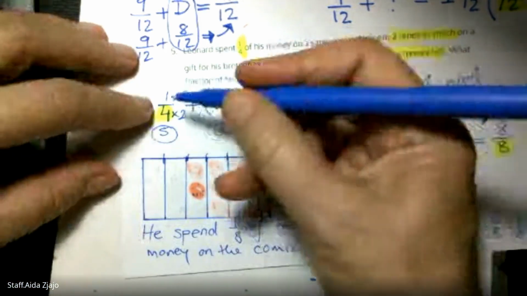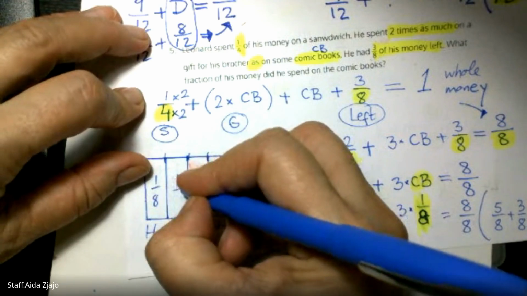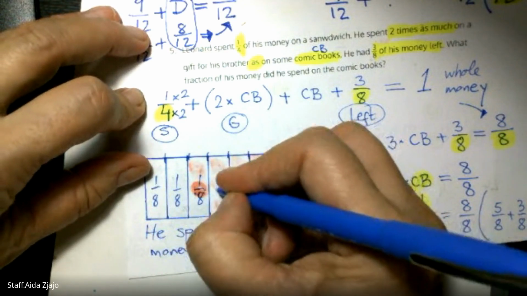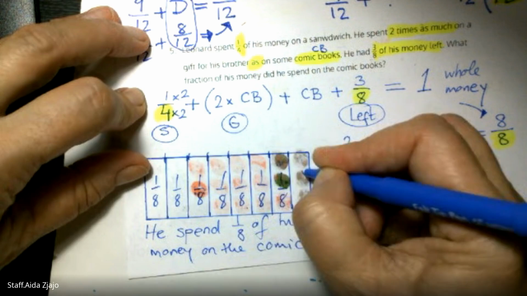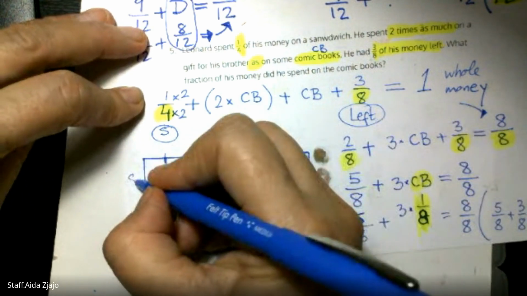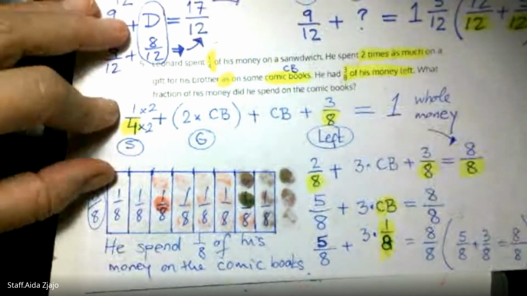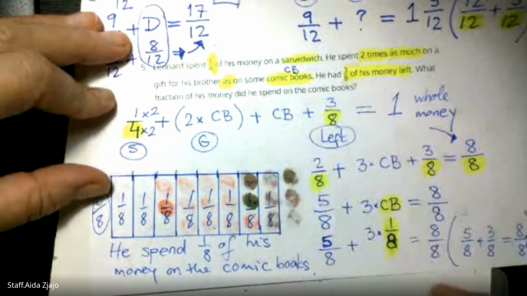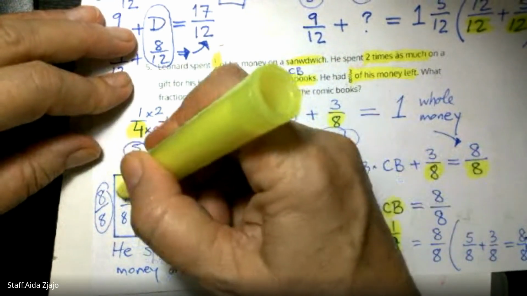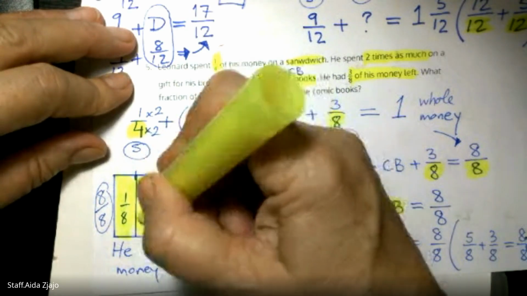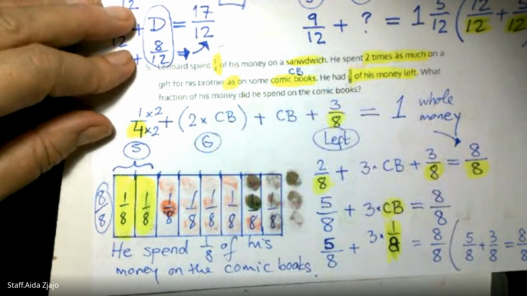Okay, so 1/4 is each 1/8. We first change this into an equivalent fraction that makes a whole. His money is 8/8. 8/8 is the whole money. So 1/4 he spent on sandwiches, and 1/4 is also 2/8. So this one and this one he spent on his sandwich.